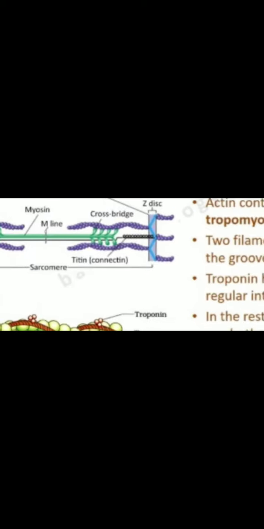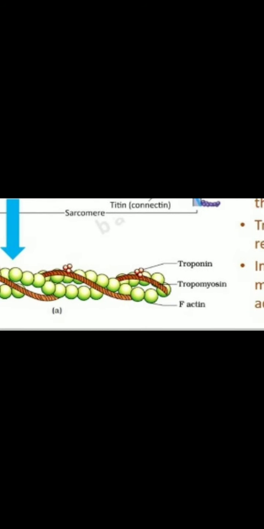Troponin is a complex of three globular proteins. The set of three globular proteins you see here is troponin, do remember, which are attached approximately two-thirds of the distance along each tropomyosin molecule.